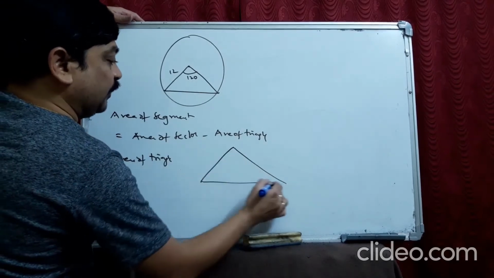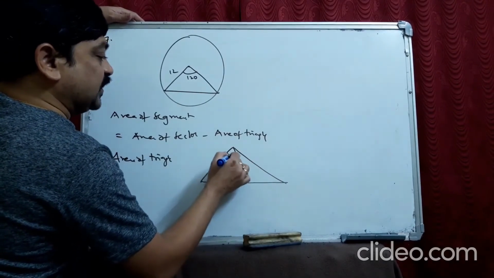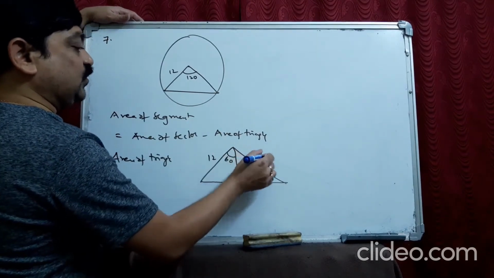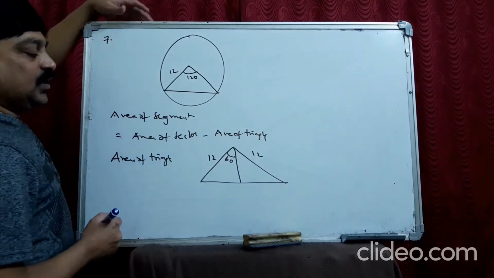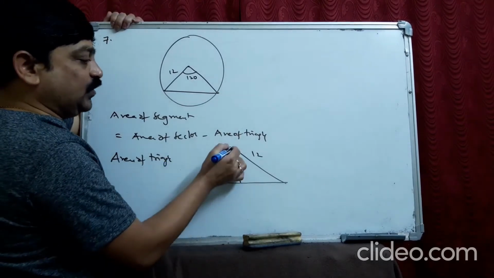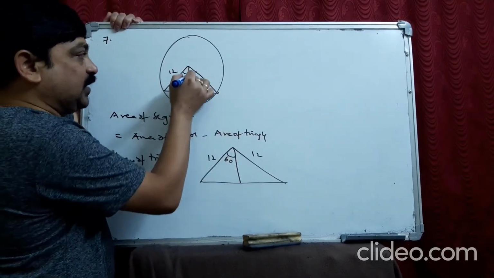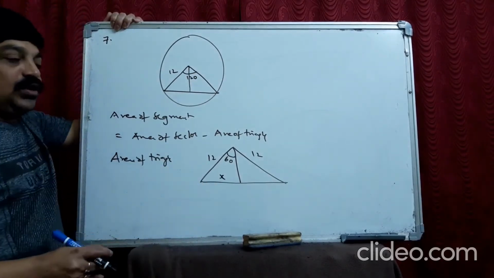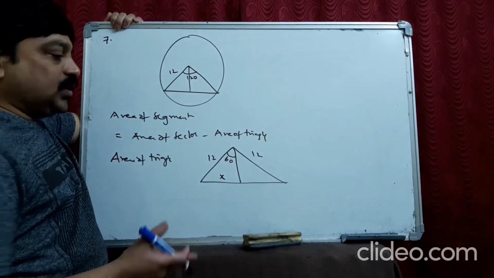This is 120. If you draw a bisector, it will be 60. This is 12, it is given. When you draw a bisector, it will exactly meet at the midpoint. Now this is x. Now I am going to apply a trigonometric concept to find this base.